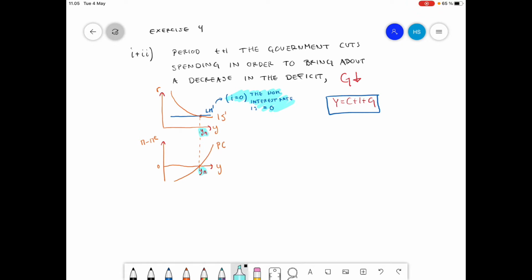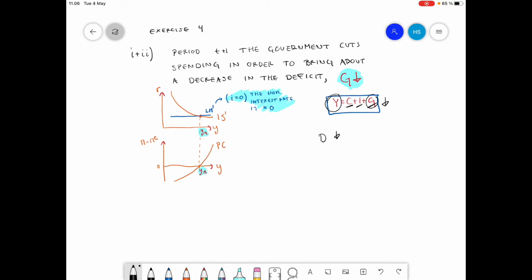What is going on is that the government decides to cut G. What happens when the government decreases government spending? Well, aggregate demand decreases. So the total demand for goods and services decreases, and we know that total output is composed of private consumption, investment, and government spending.